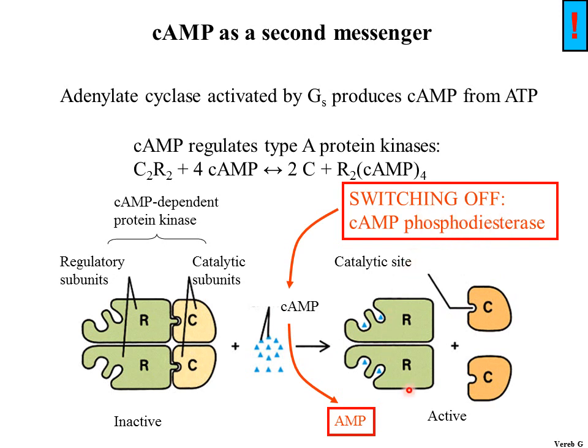And because of this, the regulatory subunits eventually get rid of all the cyclic AMP, and then they can bind again the catalytic subunits and keep them in check so that they don't go around and don't phosphorylate everybody.